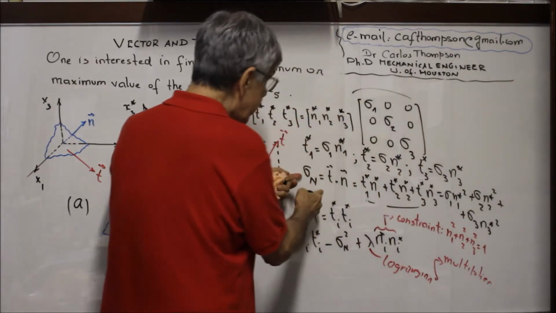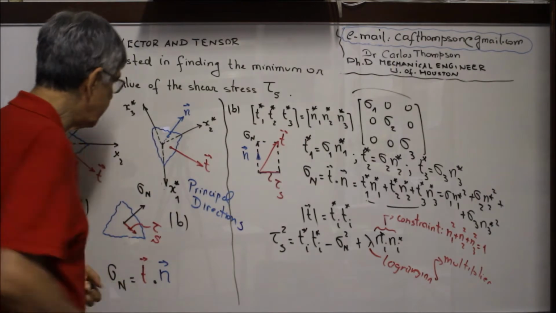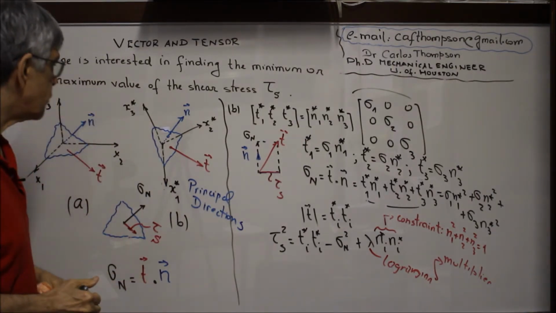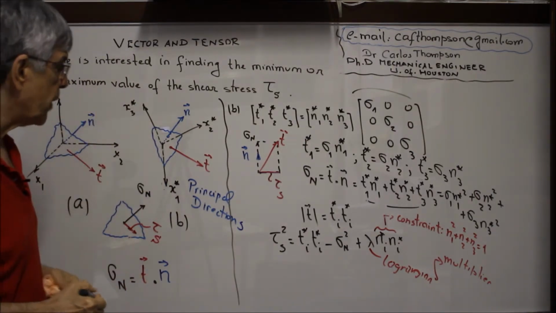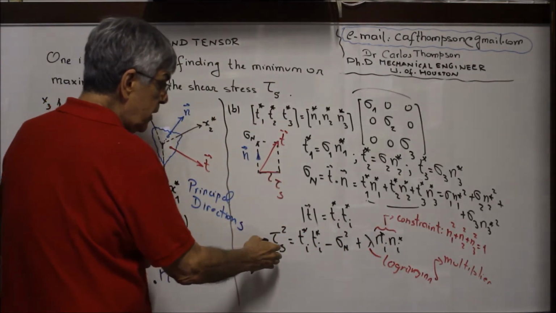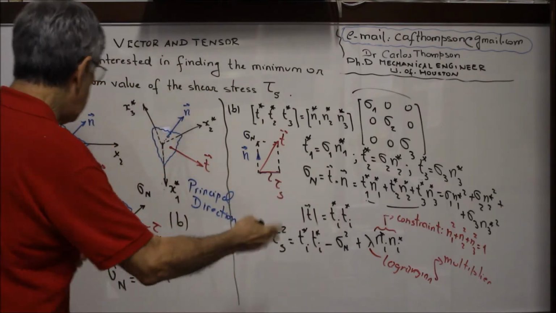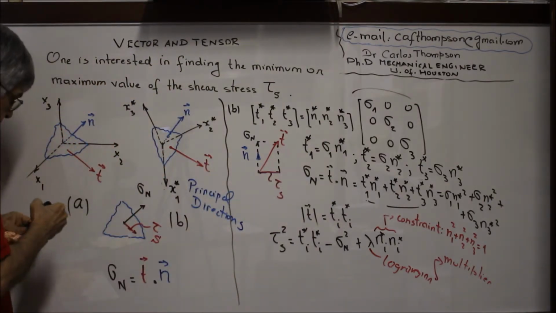So this is sigma n expressed in the principal direction, in this coordinate system. This expression is much simpler than if we work with the other system over here.